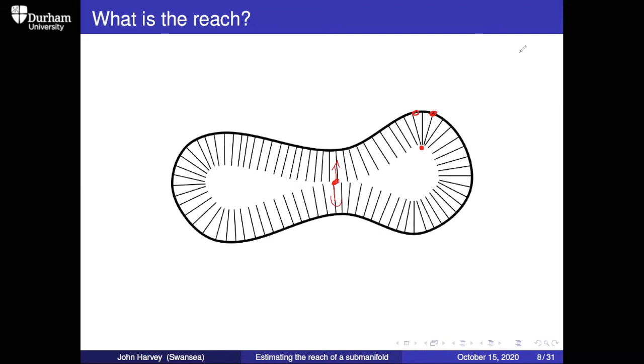So that is the reach. You could also think of it as being the normal injectivity radius, right? Just like the injectivity radius has in a Riemannian manifold, there's two ways the injectivity radius could arise. One is through conjugate points, which is basically what's happening here, where we're looking at the focal radius and seeing this measurement. And the other is through global issues, which is what we're seeing here at the bottleneck.